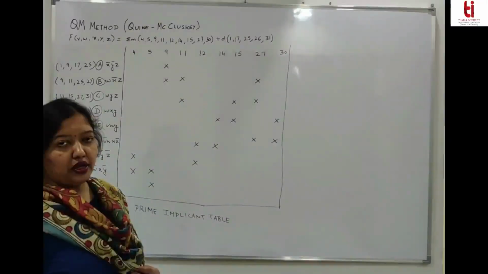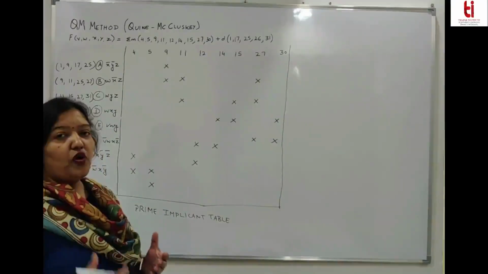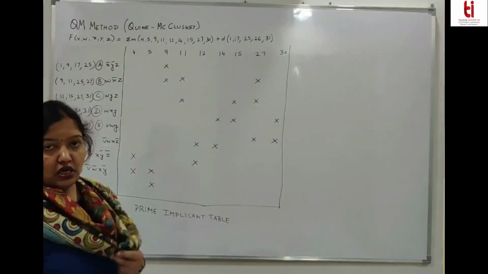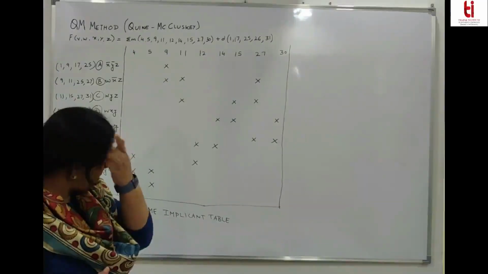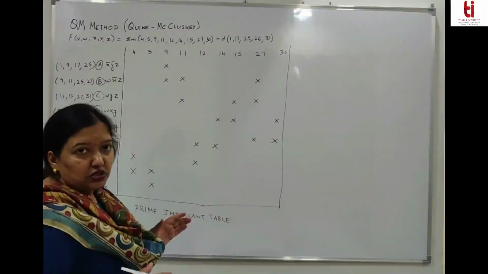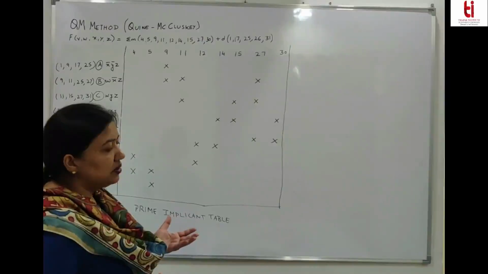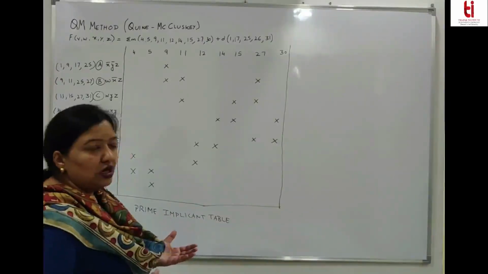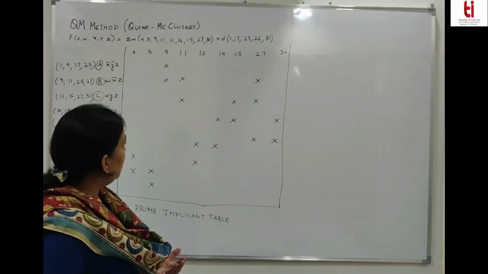Now what will we do? The first step when you want to minimize is to look for a single cross in the table. There is no single cross in the columns. Now if there are double crosses, what to do? First, all the columns which are dominating are removed.